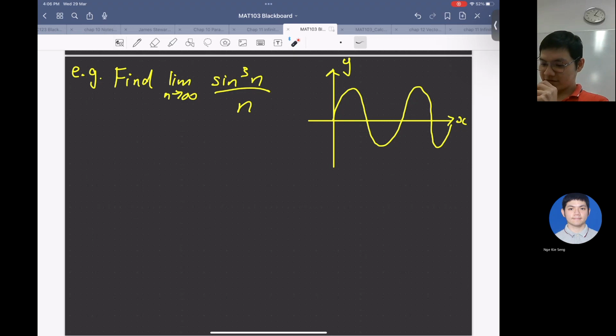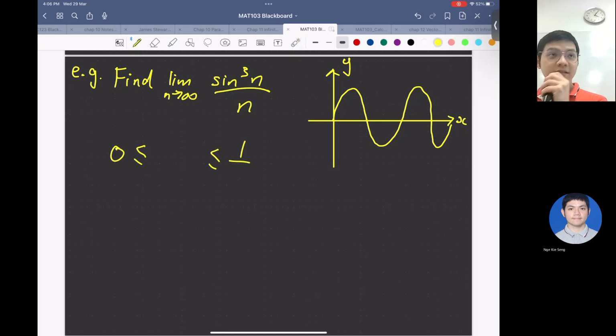Zero? Say again? 1 over n. Okay, negative 1 over n and 1 over n. So you suggest we bound it this way.